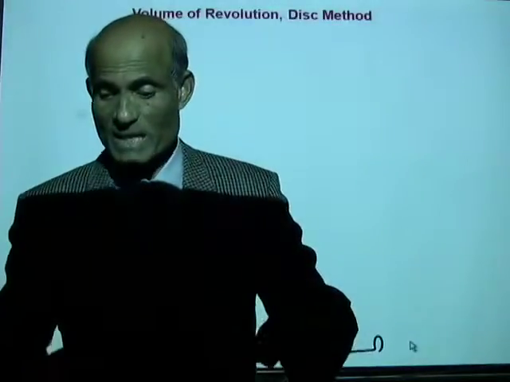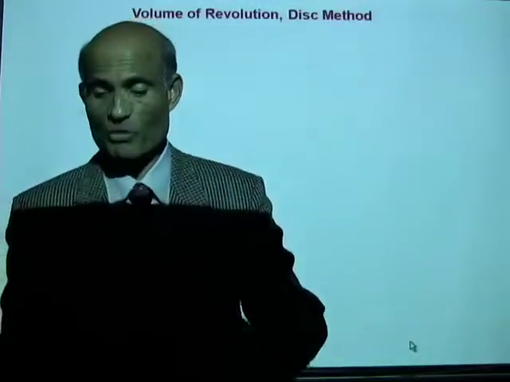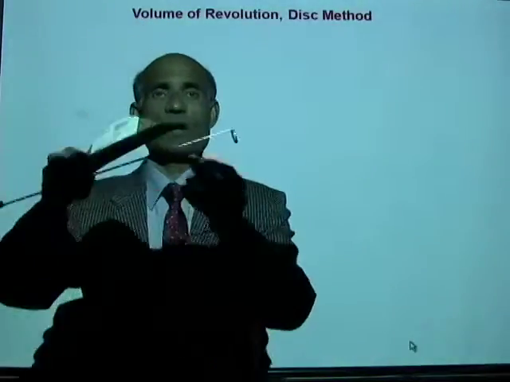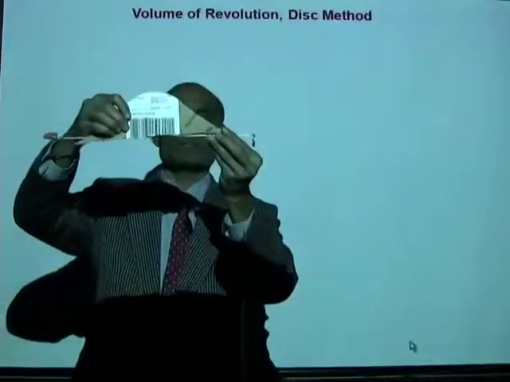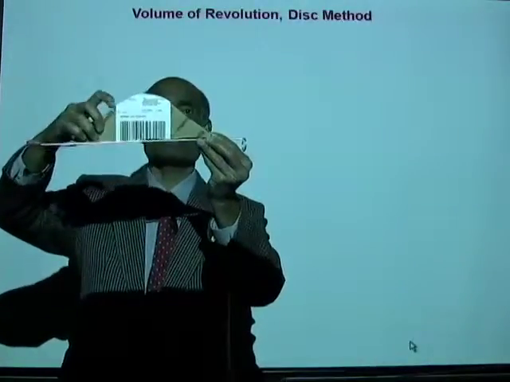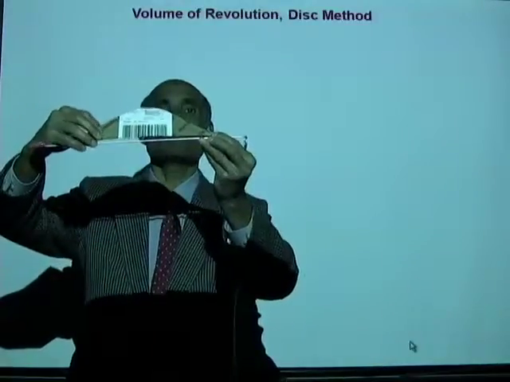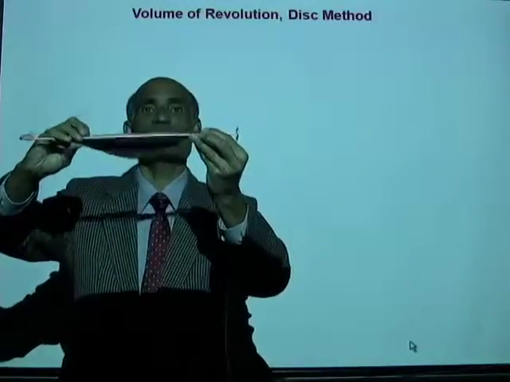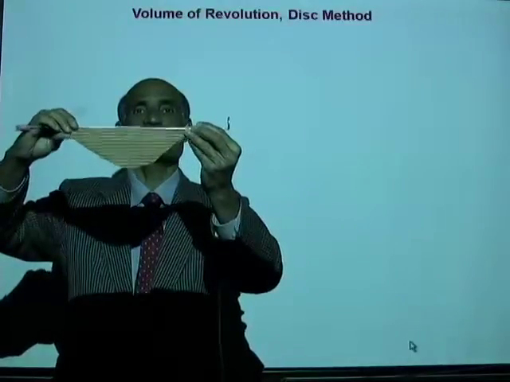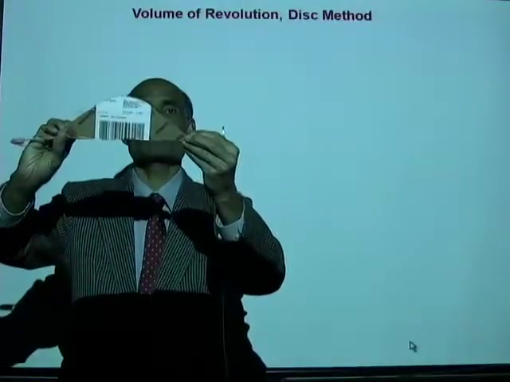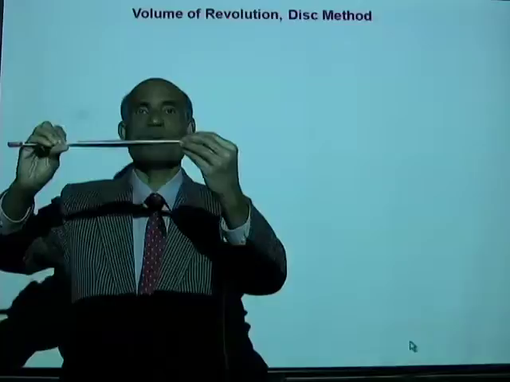Well, we can take any given area. For example, look at this area. What kind of shape of a solid do we generate by revolving this about the x-axis? Now, if you revolve it about the x-axis, you will generate a solid. What will it look like?